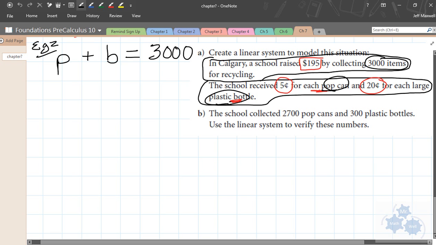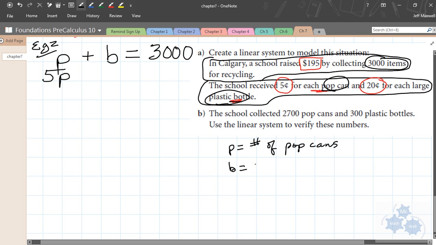So what you do here is, again, if you want to do cents or dollars, I guess it doesn't really matter, but we'll do cents. So 5 cents for each what? Pop can. So that's 5 cents times the number of pop cans. Remember, P is the number of pop cans. That's what we said.